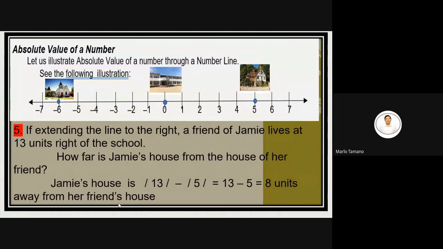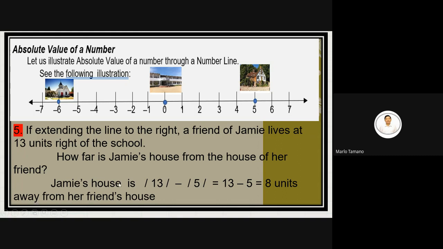Number 5. If extending the line to the right, we just extend it. A friend of James lives at 13 units right of the school. How far is James' house from the house of her friend?